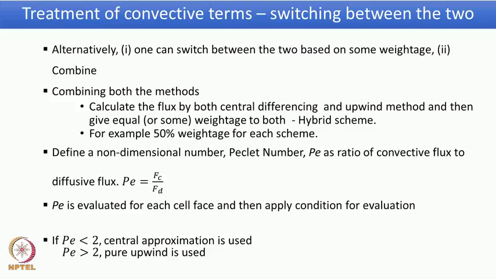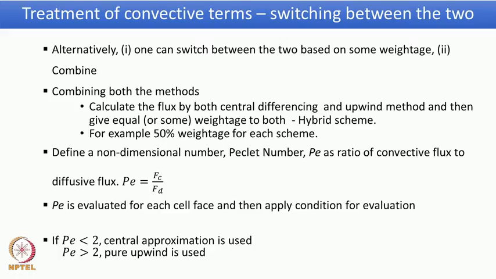So, for example, if Pe is less than or equal to 2, which means it is the Fc and Fd ratio, then a central approximation is used.